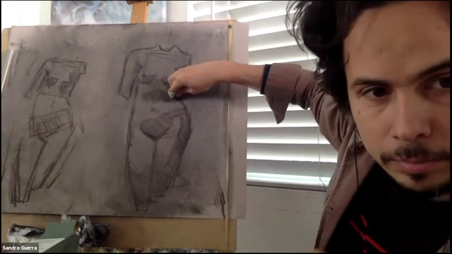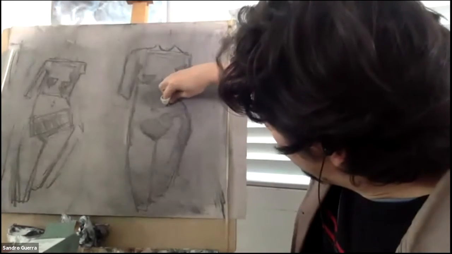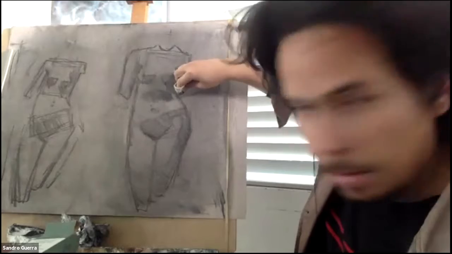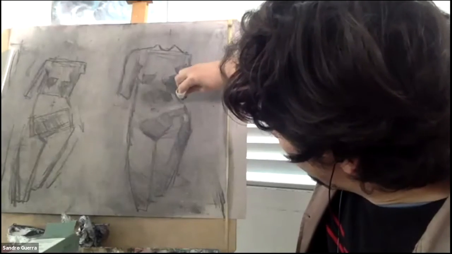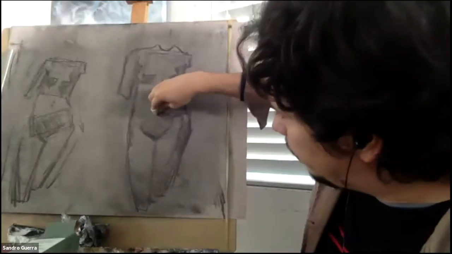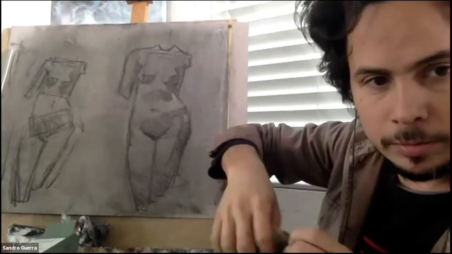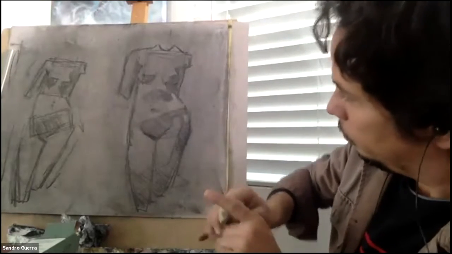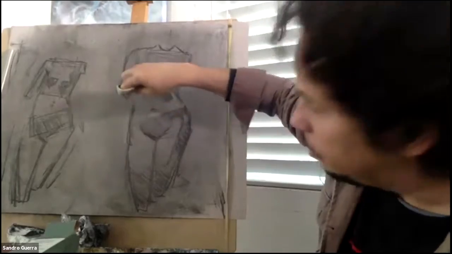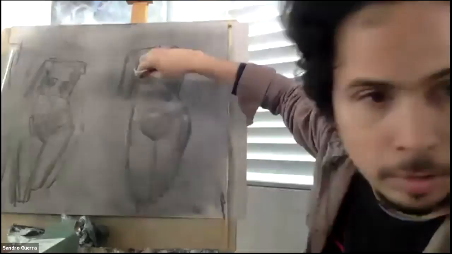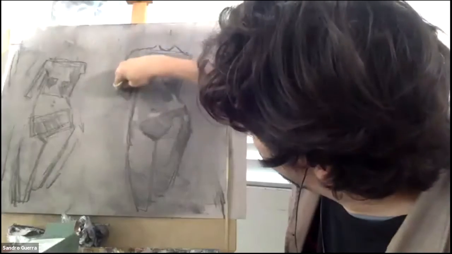Big light. Right, there's a big light on the belly, below the belly button. Right below the belly button. There's some light here too. Some light on this side of the arm.